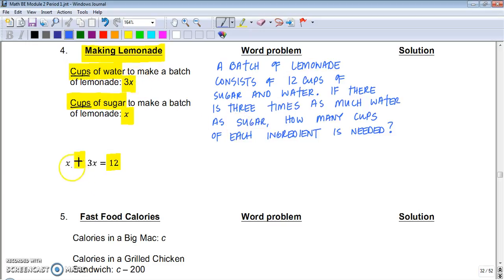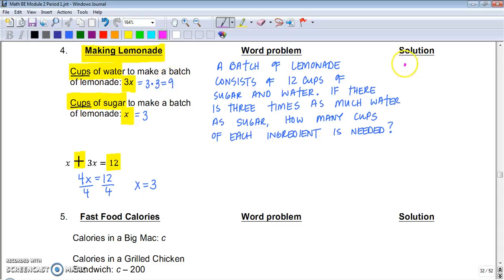So I'll just start by combining like terms. x plus 3x is 4x. Divide both sides by 4, and I get x equals 3. I go up, I like to plug it in my expression, so that would be 3 for the sugar, and 3 times what x was, which was 3, is 9 for the water.